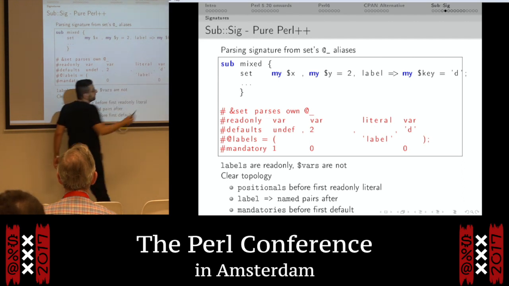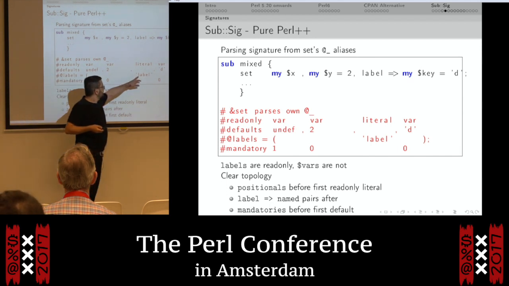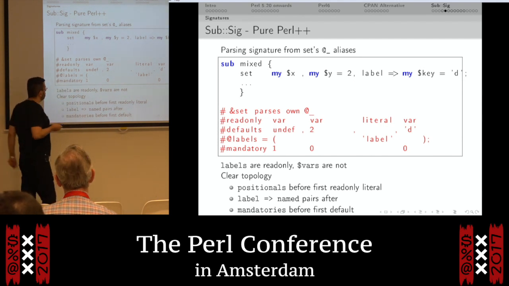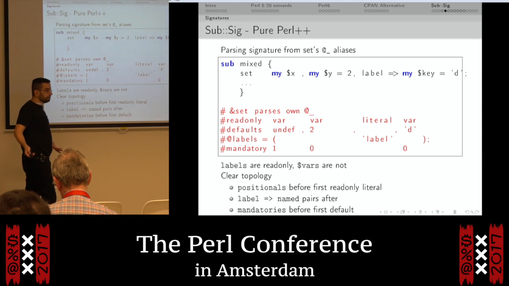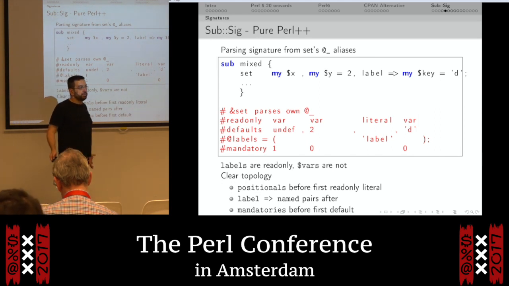The third one doesn't matter because it's a label. And so on. It sees which ones are labels because they are read-only. So it sees it must be a label called label. And it can see which ones are mandatory or not. This is quite a good result with just a pure Perl implementation.